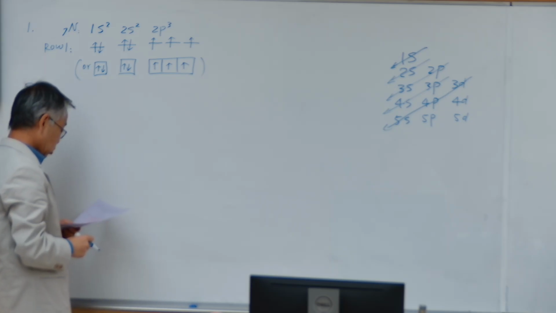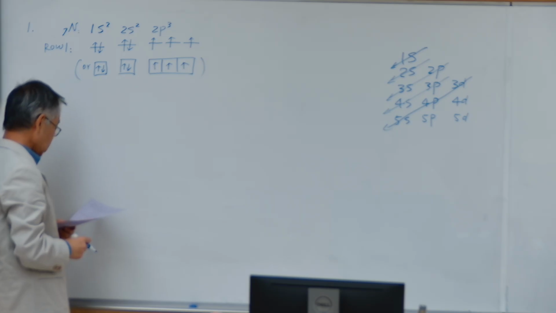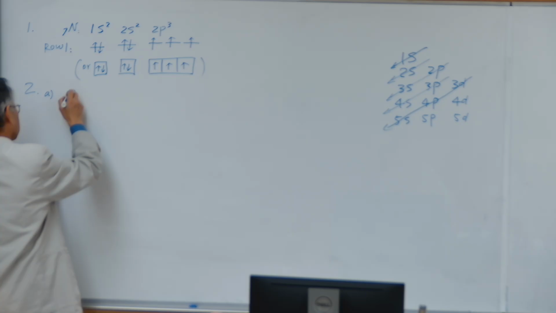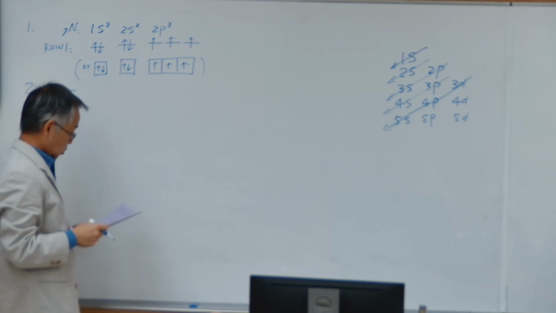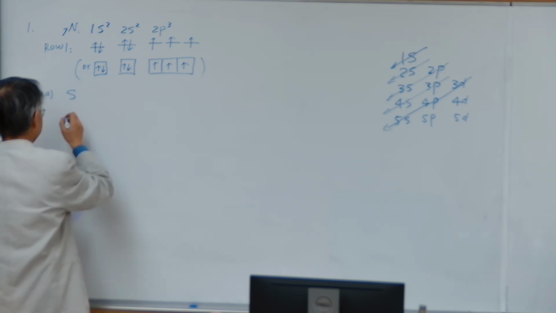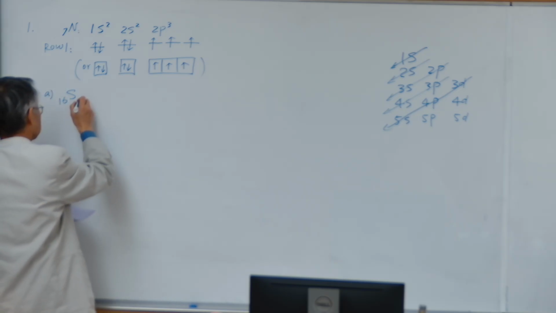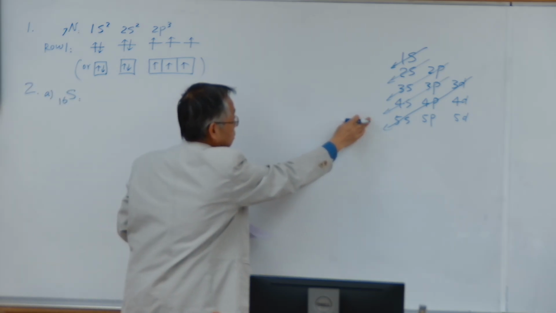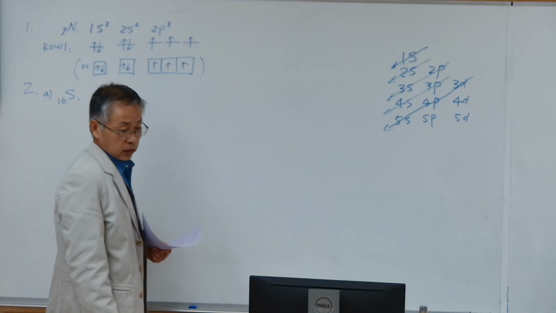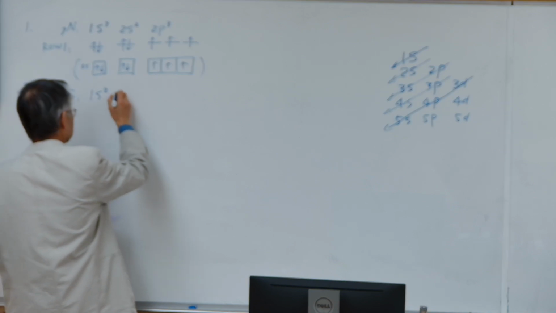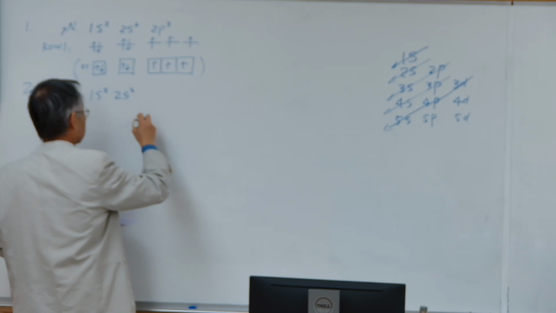Write electron configuration and draw orbital diagram for each of the following atoms. First is sulfur. From the periodic table, we know sulfur has 16 electrons. Then, according to this chart, we can easily write electron configuration. So 1s first, 2 electrons. Then 2s, also 2 electrons.